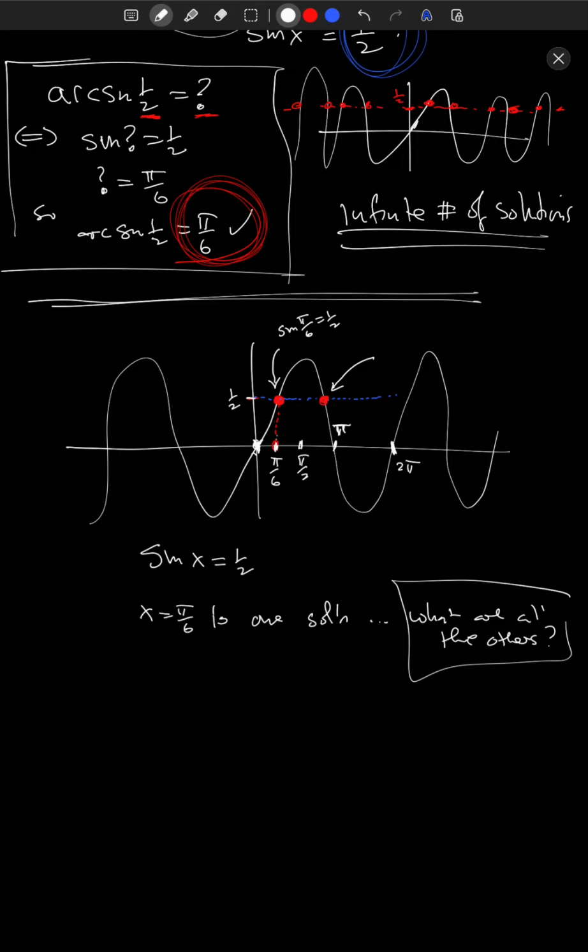And again, what I'm looking for are all the solutions. What are all the others here? So that's another one. I want to figure out exactly where that guy is. So I'm going to reason it out like this. We did this in the last lecture, but here it's very critical to think of it this way.